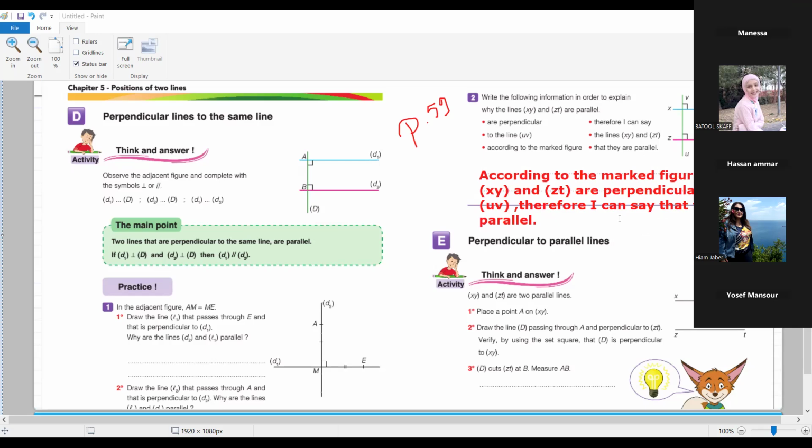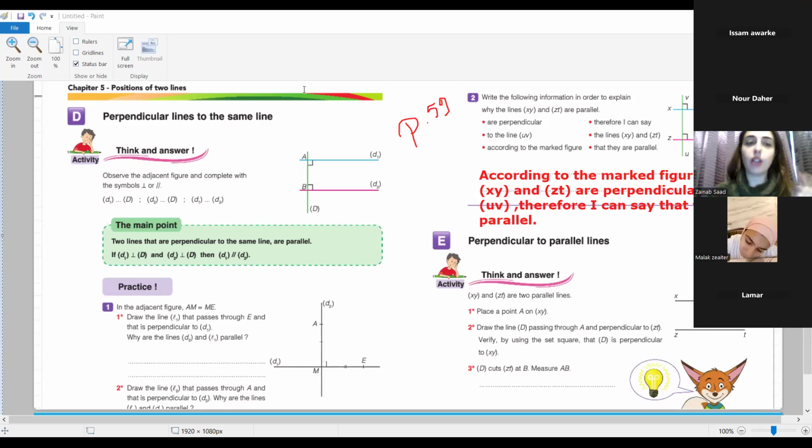Always, when you see two lines that are perpendicular to the same third line, we consider that they are parallel together. It's a rule. No need to say because they don't intersect and don't have any points in common. You just tell me that they are perpendicular to the same line, then we consider that they are parallel.